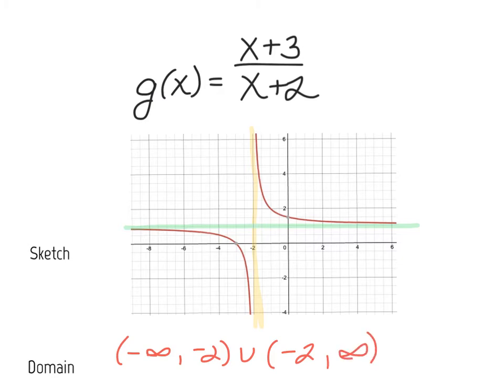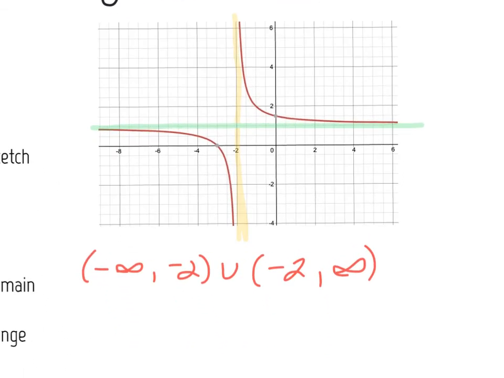Whereas the range goes from negative infinity, and then it approaches this horizontal asymptote of 1, picks up over here and goes up towards positive infinity. So my range is negative infinity to 1, union 1 to infinity.